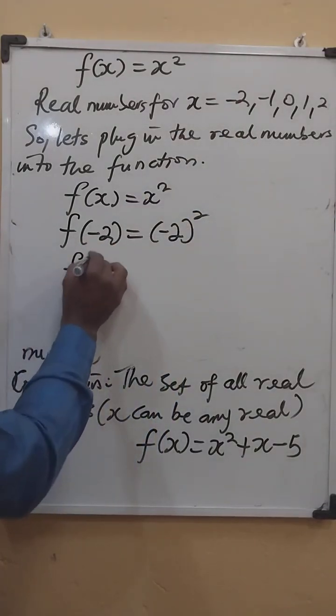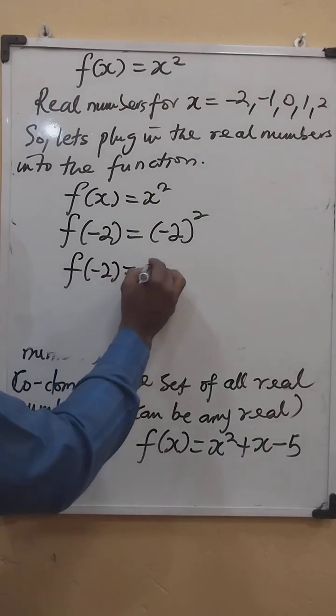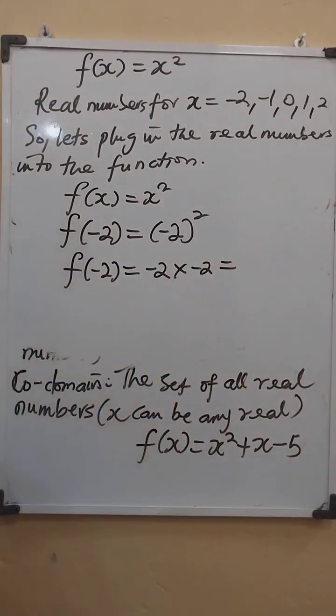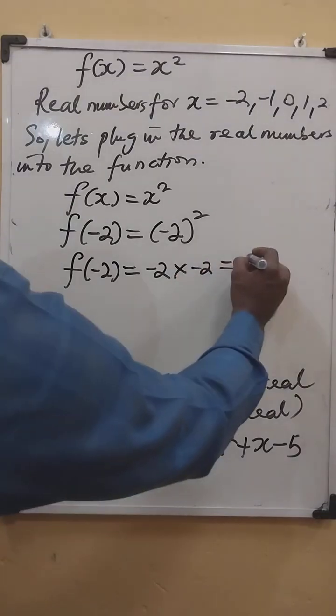So for the function of -2, we have there what? -2 times -2. What's going to be the value? Yes, James. -2 times -2 is 4.